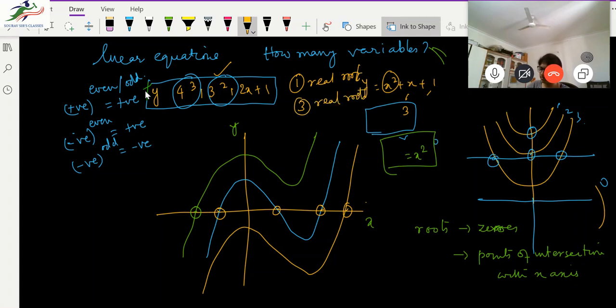But it will always have at least one real root. See, in all three cases, it is touching or intersecting the x-axis at least at one point. So if you are asked in the exam what is the minimum number of real roots that this equation will have, then the answer will be 1. And maximum would be 3.